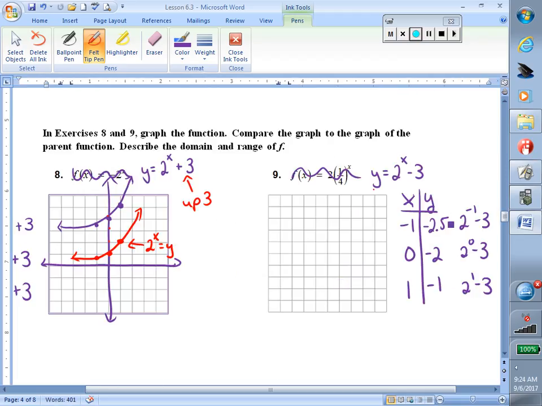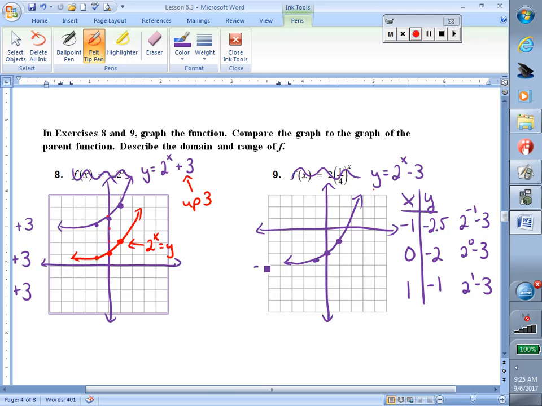Now I'm graphing some negative y values this time, so I'm going to scoot my axis up a little bit. Negative 1 on the x, negative 2, and then half of a box on the y. 0, negative 2, and then 1, negative 1. And we get that nice curve-shaped graph.